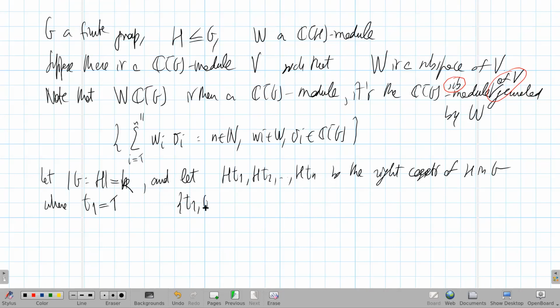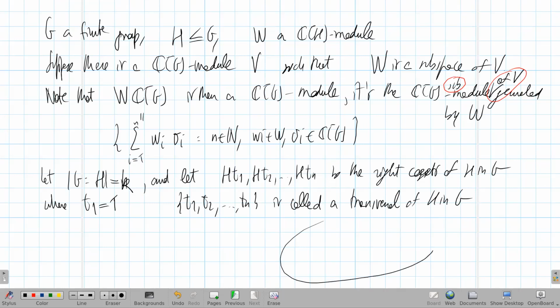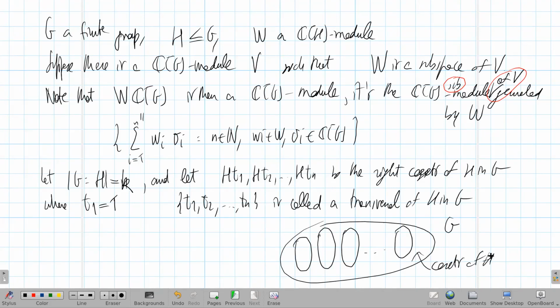The set t1, t2, ..., tn is called a transversal of H in G. The reason why it is called a transversal is because you have G, and then you have the cosets, these are the right cosets of H. And a transversal is something that picks one element for each coset.